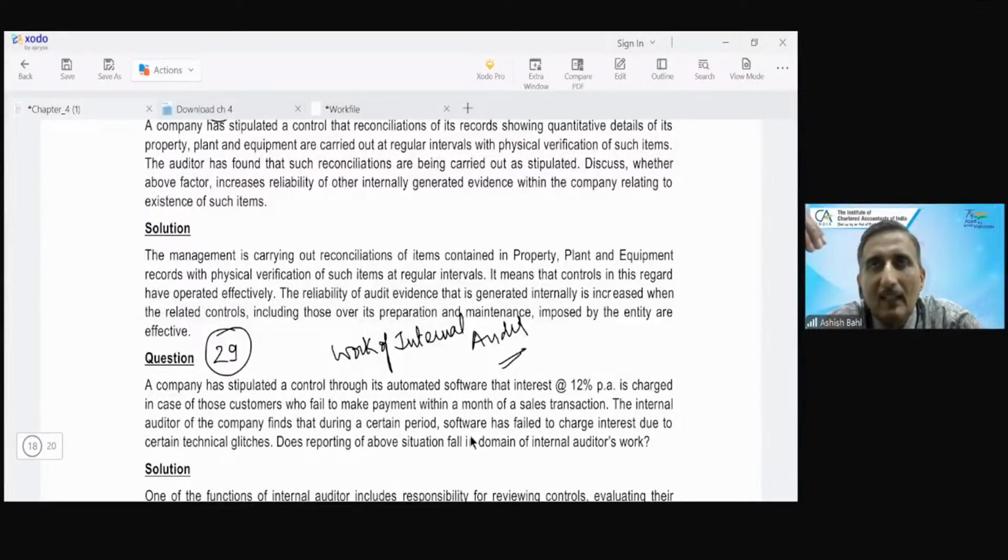So if the payments are not coming from the customers in time, then the software says interest has to be charged. The control has been instituted, embedded in the software. The internal auditor of the company finds that during a certain period, the software has failed to charge interest due to some technical problem. So does reporting of the above situation fall in the domain of the internal auditor's work? Yes, definitely.